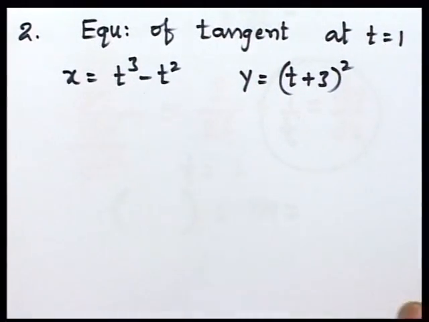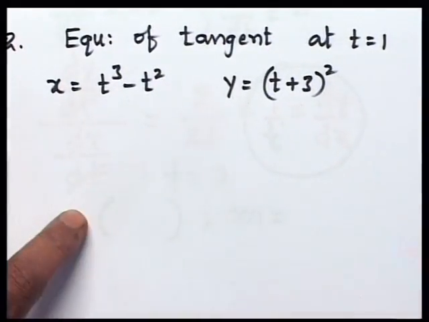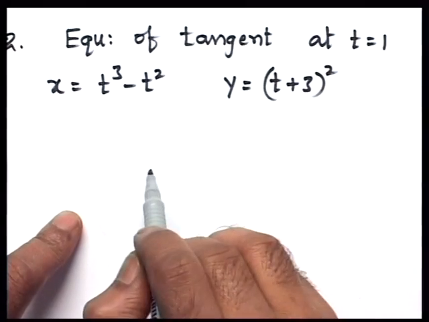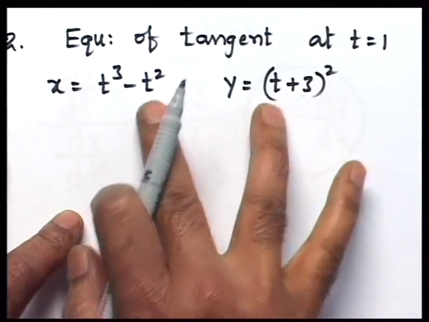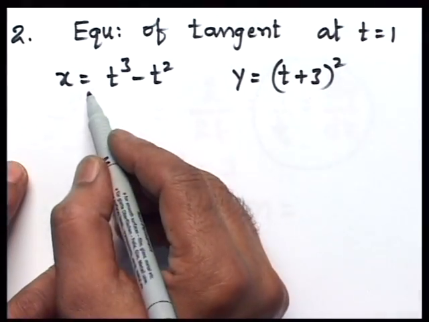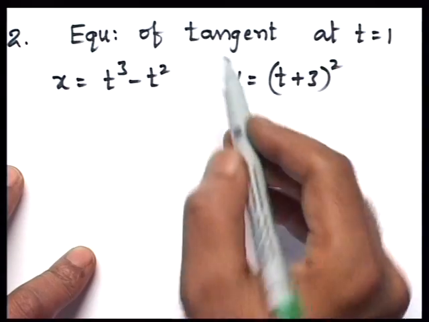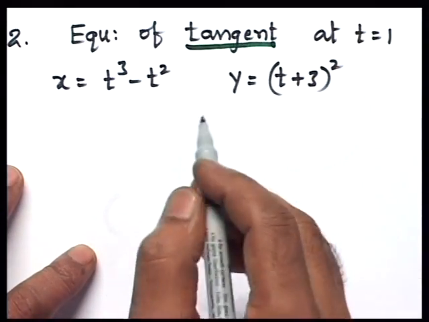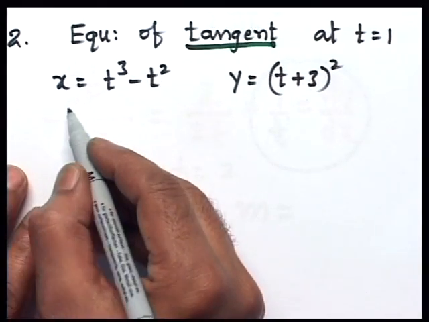This is the question. They want us to find the equation of tangent at t equals 1. We don't have the Cartesian equation, please. We have only these two, x and y. So we find dy over dx. Remember, equation of the tangent: we need a point and then gradient. Let's find the gradient first.